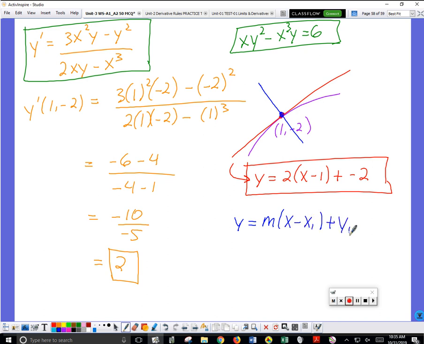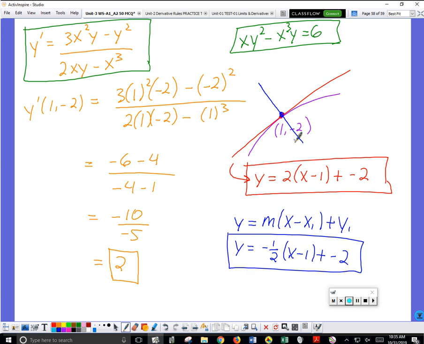But because these two slopes are perpendicular, they are negative reciprocals of each other. So the line normal looks like this. That's the equation for finding any point on the blue line. Okay, the line normal.